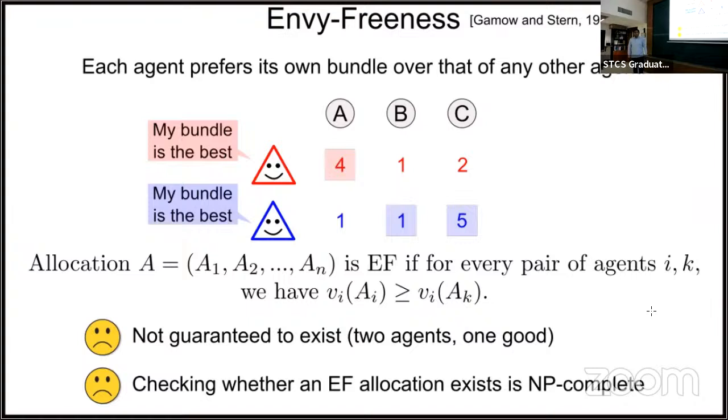Talking about that NP-complete thing, if two of them have the same valuation, then basically it's the partition problem. So this is hard even if you have only two agents and even if they have identical values. It's a very strong result.